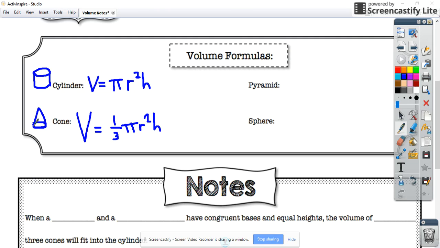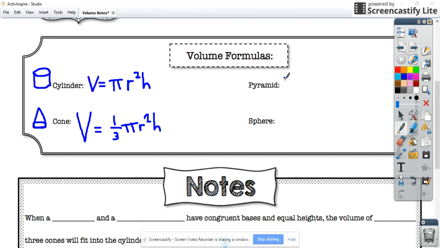So if you had a cylinder with a radius of 3 and a cone with a radius of 3, and both of them had a height of 5, you could calculate the volume of the cylinder, and to get the volume of the cone, you could just take that measurement you got and divide it by 3, and that would give you the measurement of the cone.